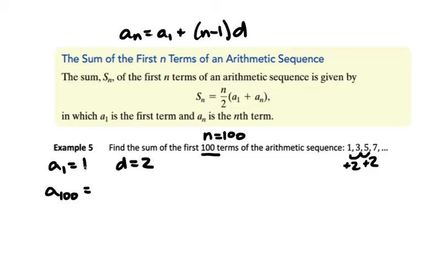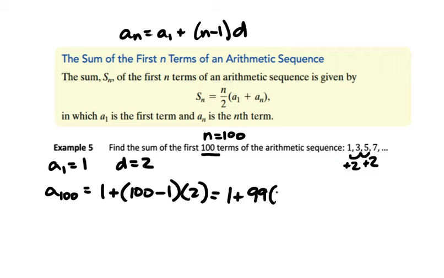So a sub 100 is 1 plus, because a sub 1 is 1, 100 minus 1 times 2. 100 minus 1 is 99. So it's 1 plus 99 times 2, which is 1 plus 198, which is 199. So that's my 100th term.